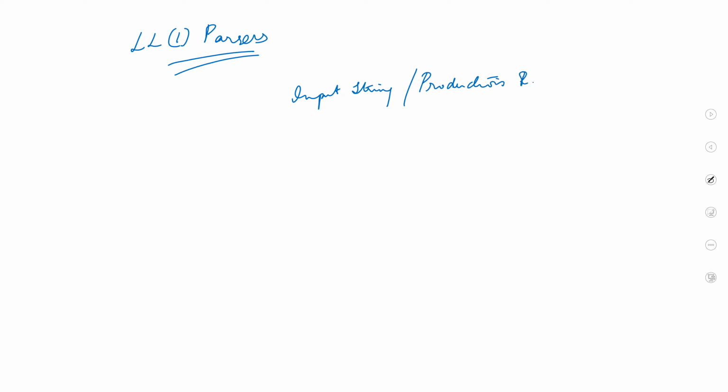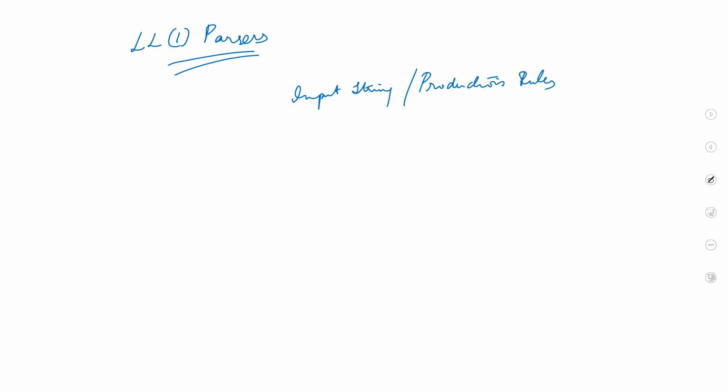Now, all parsers work on a common strategy. We'll see it first with the help of LL1 parsers. You will have an input string, which you will have to check whether it is valid or not with the help of some production rules.